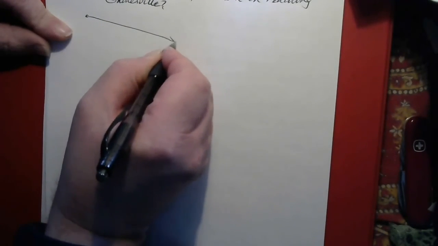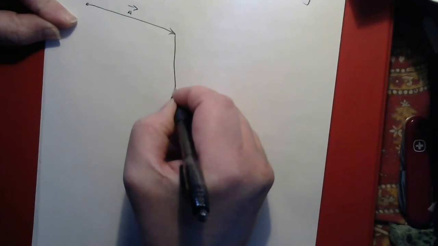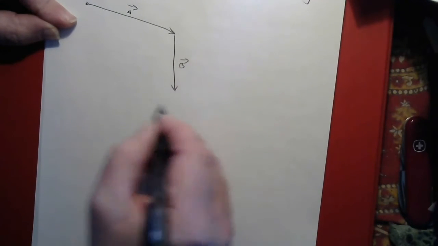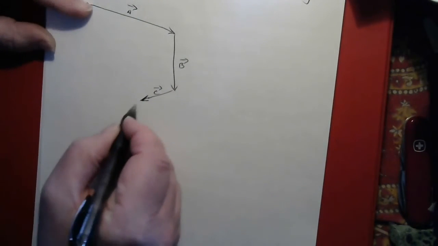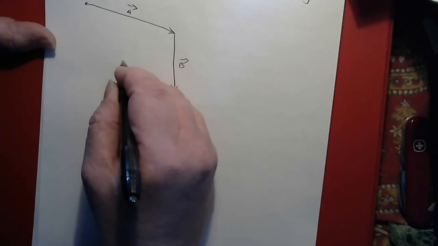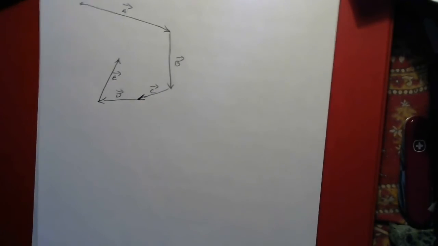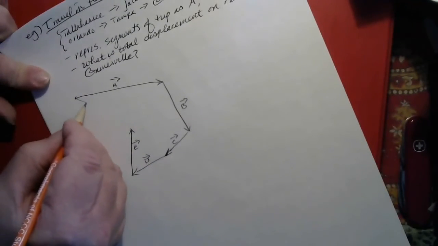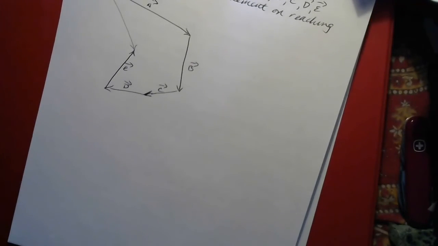Essentially, it ends up looking something like this. You can look at the diagram in the book to see it accurately, but if you're drawing it by hand, it might go something like this. So segment A, and then segment B, and then segment C, and then segment D, and then segment E. And the resultant, of course, like I said, will be straight from the origin of the first vector to the end of the last vector.